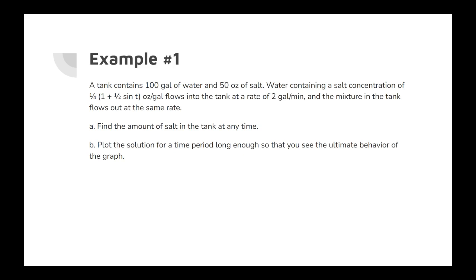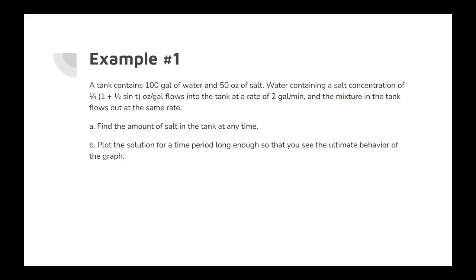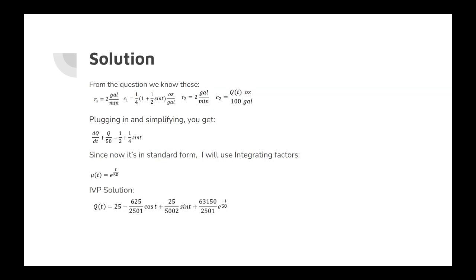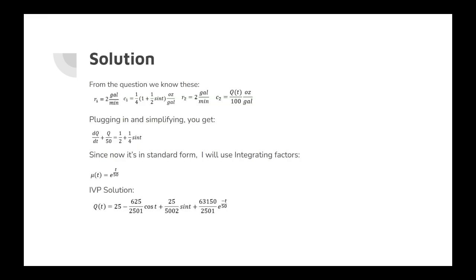We see that C1, the concentration going in, is 1/4 times (1 plus 1/2 sine t), and the concentration C2 going out is q(t) over 100 ounces per gallon, because we don't know q(t), but we do know that the tank contains 100 gallons of water.